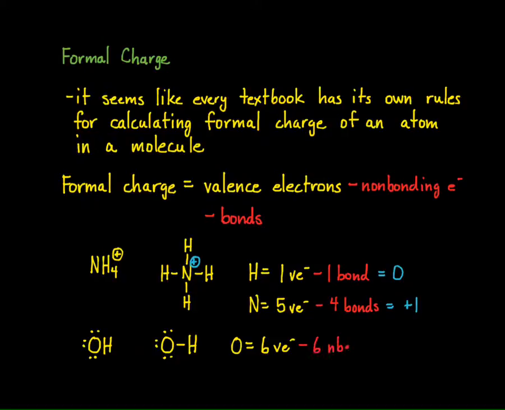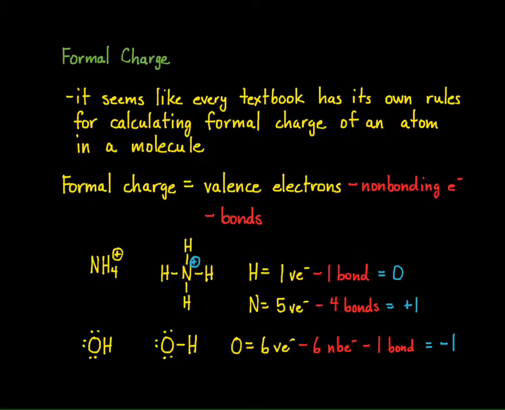That's 6 non-bonding electrons. And then oxygen has 1 bond. So we subtract 1 bond. So 6 valence electrons, minus 6 non-bonding electrons, minus the 1 bond gives a -1 formal charge.